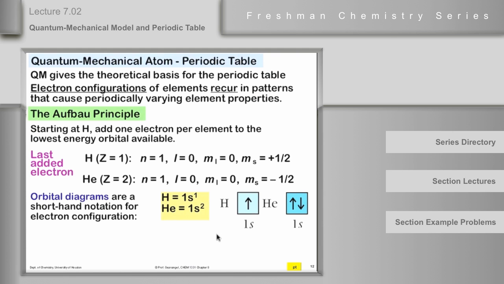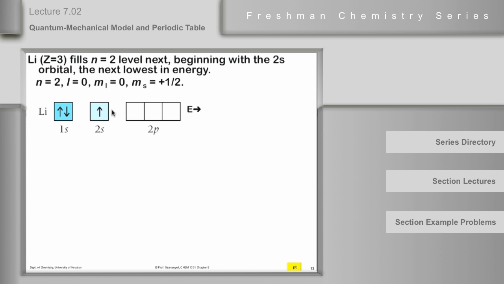Okay, so if we want to go ahead from helium to lithium, now we have the 1s filled, as we mentioned before, and we have to go on up to the next available orbital. And the next available orbital, if energy is increasing from left to right, is the 2s. And so the first 2 electrons in lithium are the same as the 2 electrons in helium.